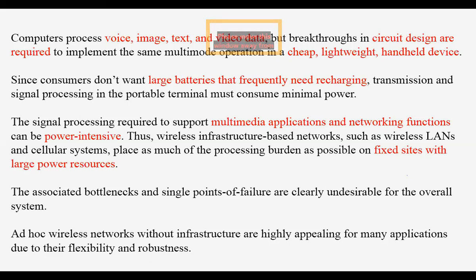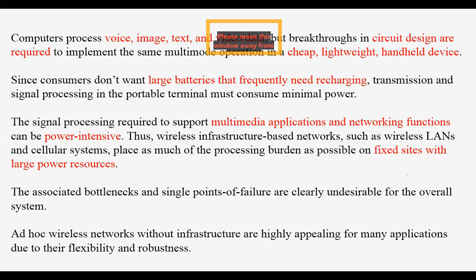Since consumers don't want large batteries and frequent recharging, transmission and signal processing in portable terminals must consume minimal power. Consider your smartphones: we are thinking about the battery life and the compactness of the device, so we have to think about all these parameters.